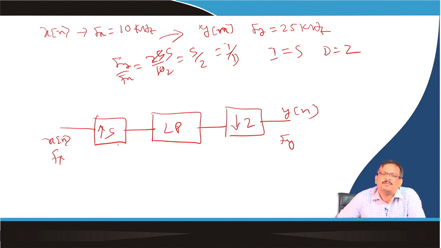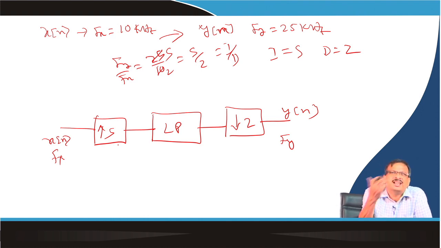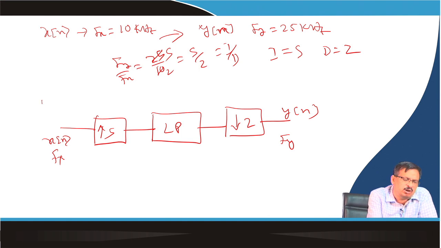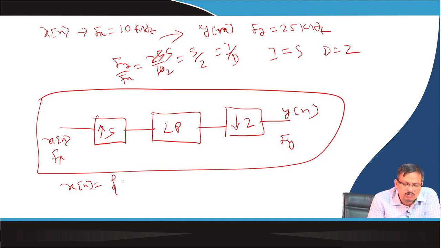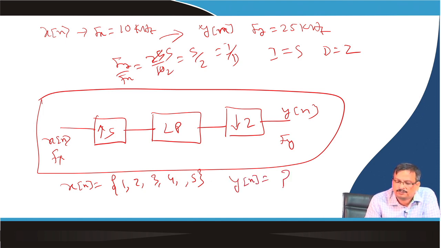Is it clear? Similarly, I can give any arbitrary number and ask you to draw that signal flow diagram or block diagram of the fractional sampling rate converter. Now, if I tell you that x of n is equal to 1, 2, 3, 4, 5, then what will be the y of n?